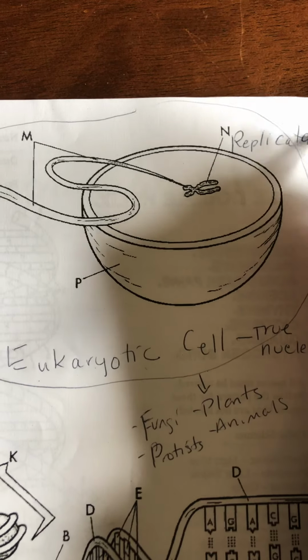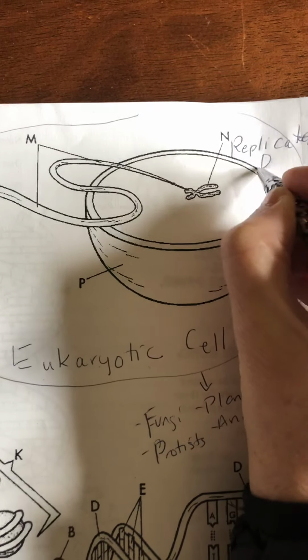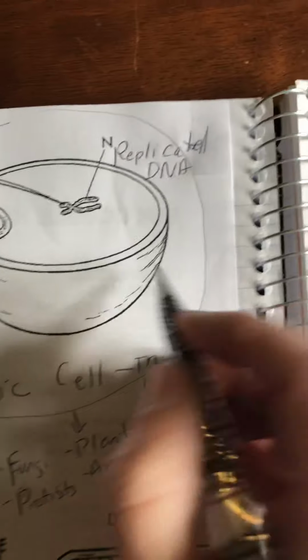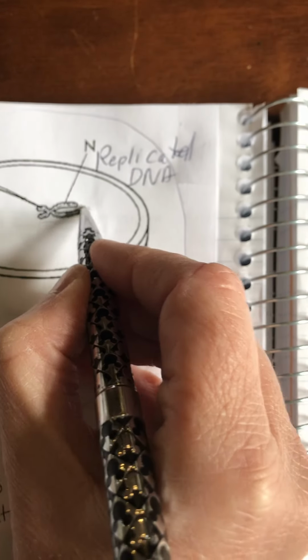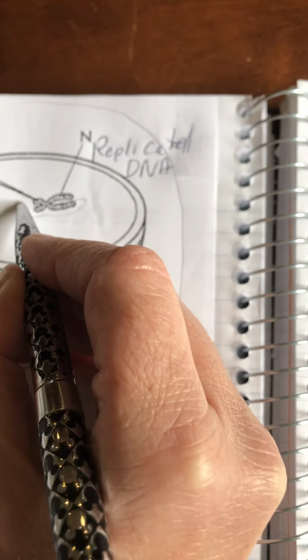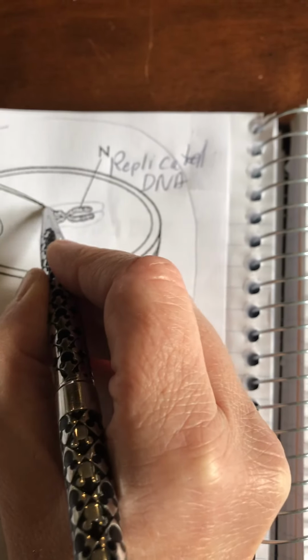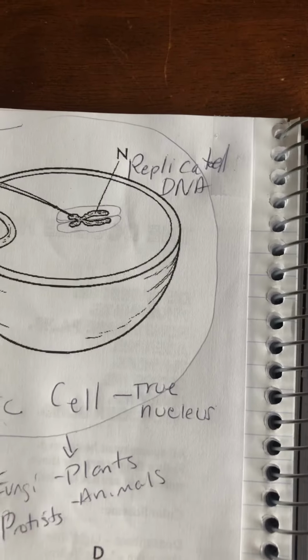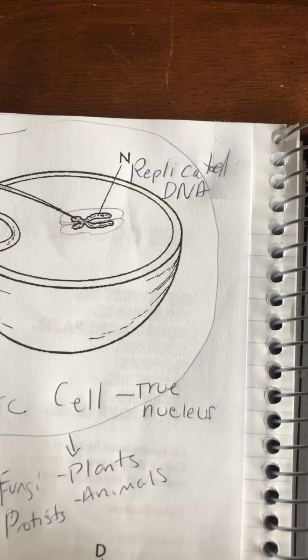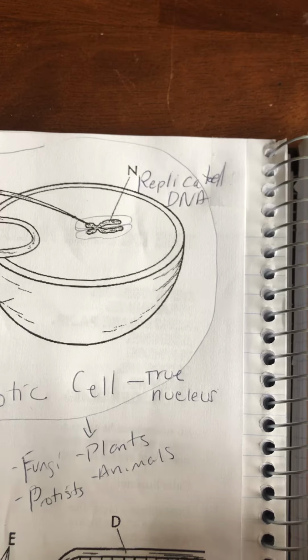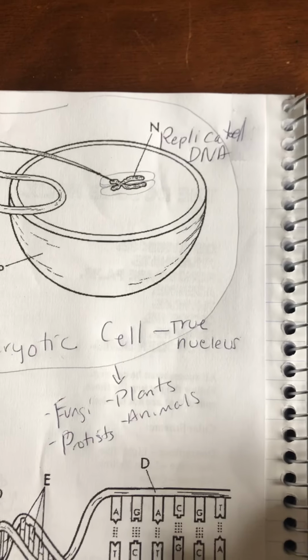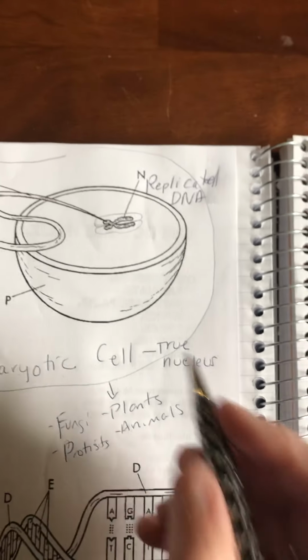I spelled that awkwardly. Replicated DNA. So what you're seeing here is one strand of DNA hooked to a second strand of DNA. That is two sister chromatids. Not sisters because they came from the same parent, just sister because in the world of genetics, we seem to always go feminine with our words.